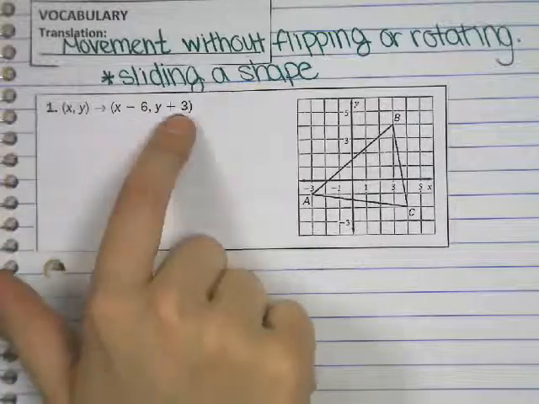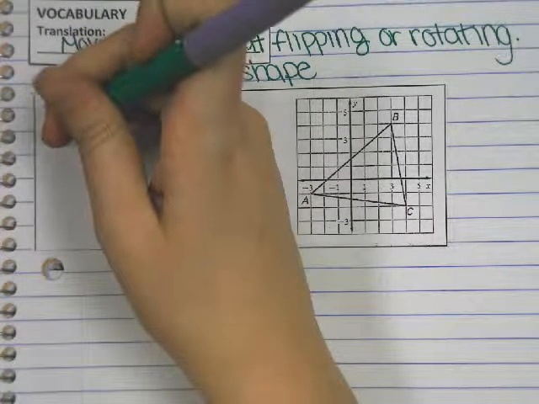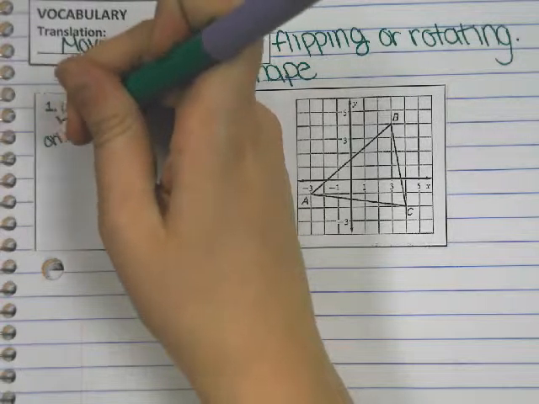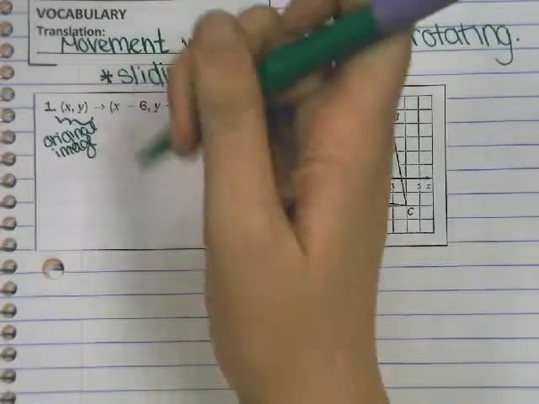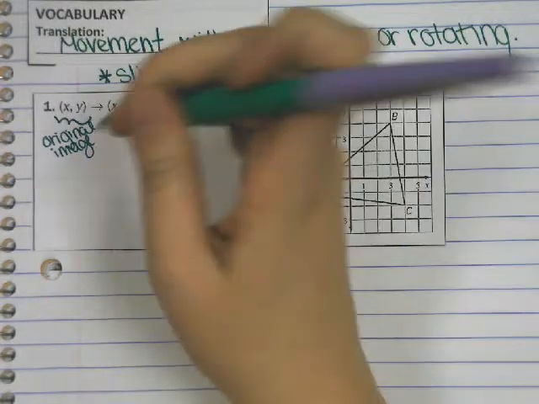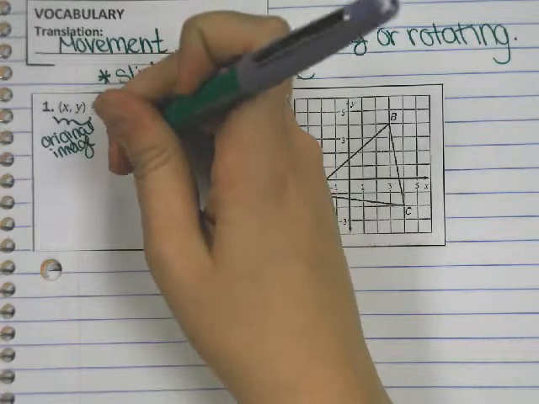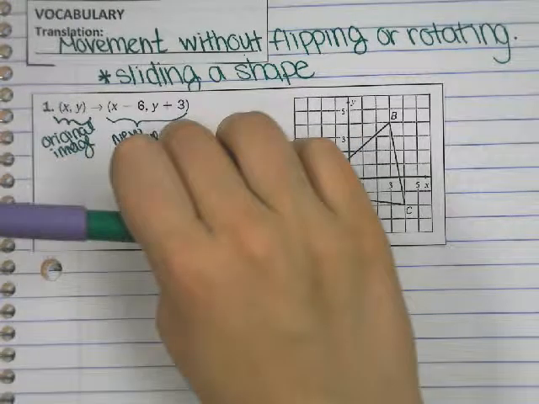This is how we represent a translation. This x, y represents our original image, and this one represents our new image. Or you can say pre-image, post-image.